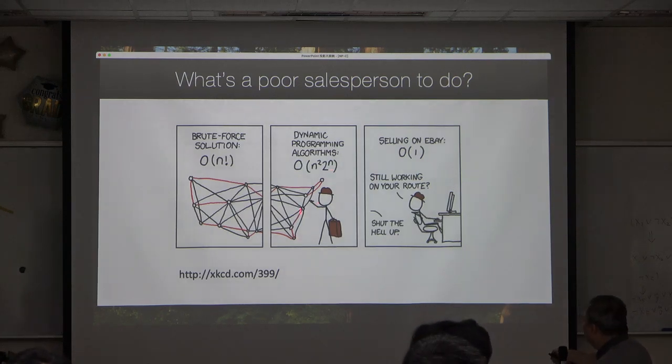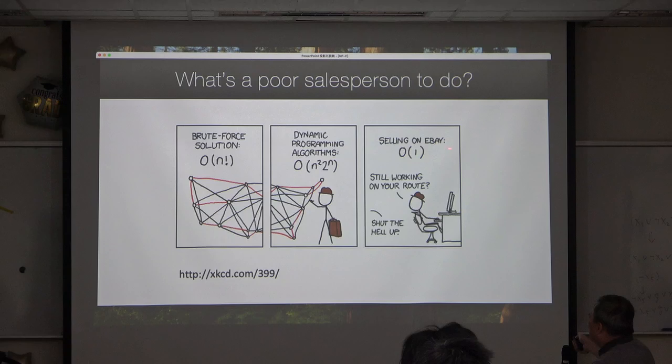By the way, to be honest, nobody really travels to sell stuff, right? You just connect to the internet and sell on eBay. It takes constant time to connect to the internet. So basically no salesman does that anyway.